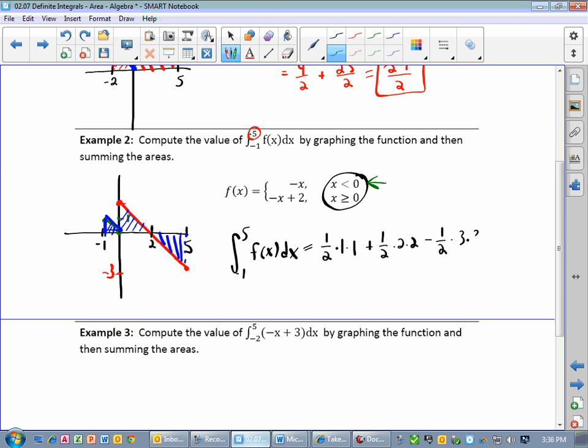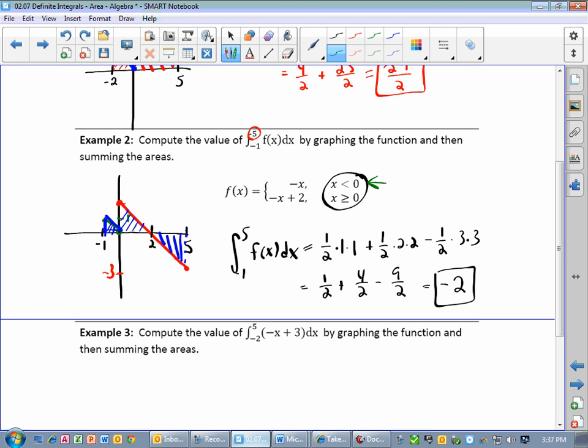So 3 times 3. So we've got 1/2 plus 4/2 minus 9/2. So 1 plus 4 is 5. 5 minus 9 is -4. -4 over 2. So we get -2.